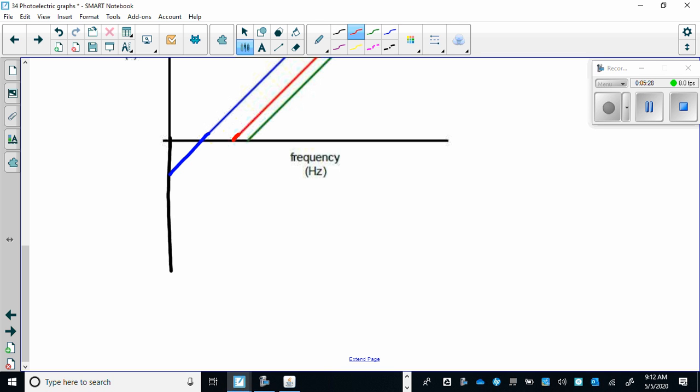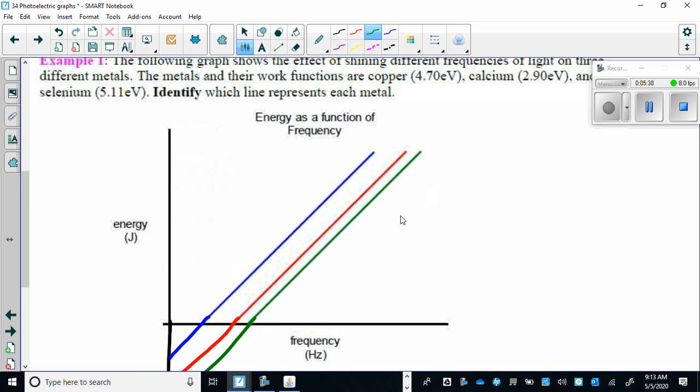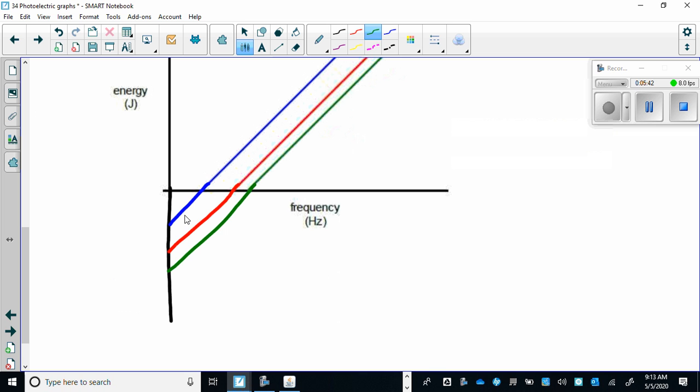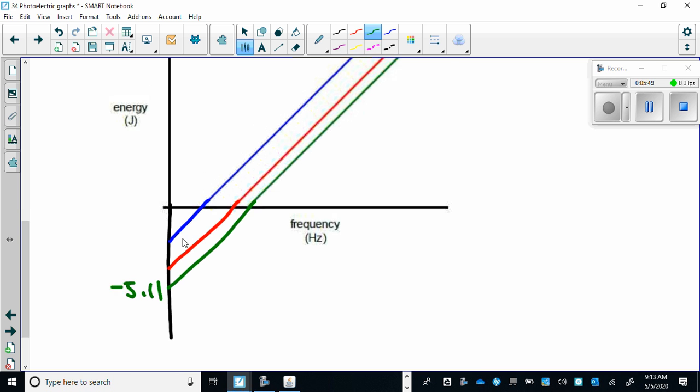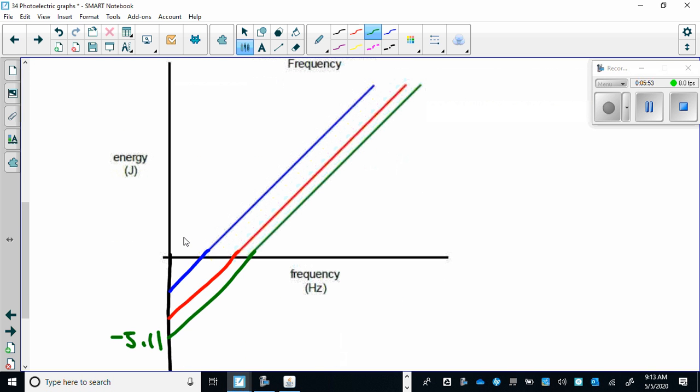And luckily, they're the colors that I want. And then just match them up to what the numbers could be. So we're dealing with work functions here. Obviously, the lowest one down here is going to be the negative 5.11. And then the next one is 4.7.